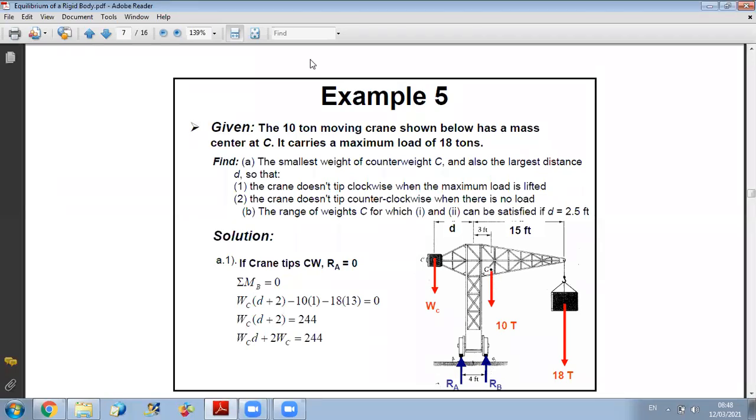So imagine that you are not having a load here. If I have zero load, I have a risk of tipping over. Tipping over about which point? If there is no load here, and I have the weight here, the weight will tend to rotate the structure like this.